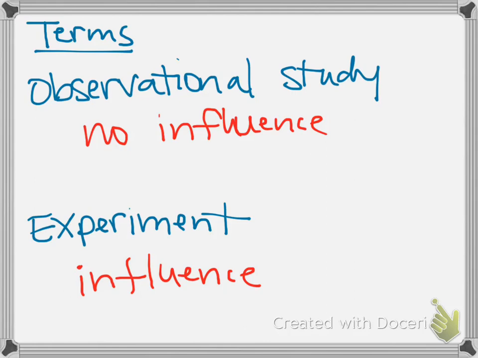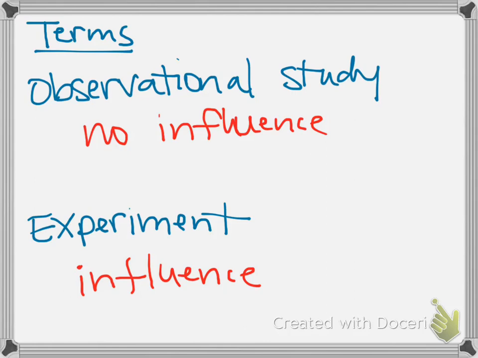But you can think of a basic experiment as being maybe the manufacturers of a certain drug are interested in seeing whether their drug is actually effective at taking care of some sort of illness. So maybe the influence would be that they administer their drug to some people that are taking part in the experiment, and other people in the experiment don't get the drug, and they might measure the outcome.